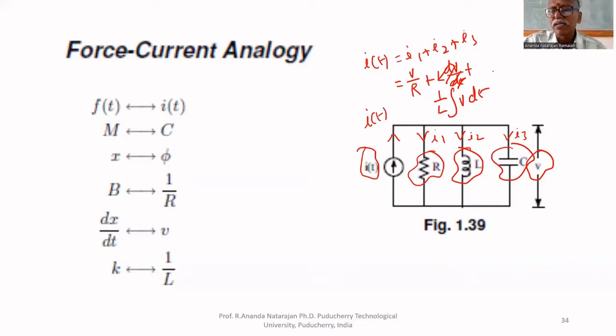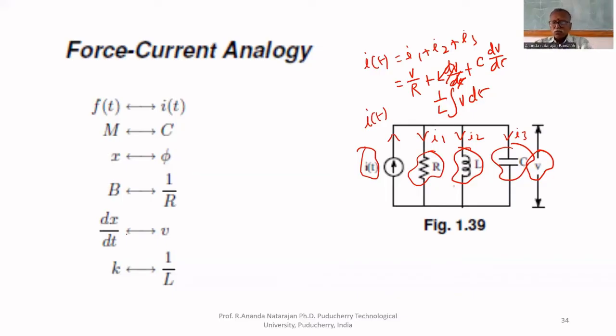Plus C dV by dt, the current through the capacitor is C dV by dt.